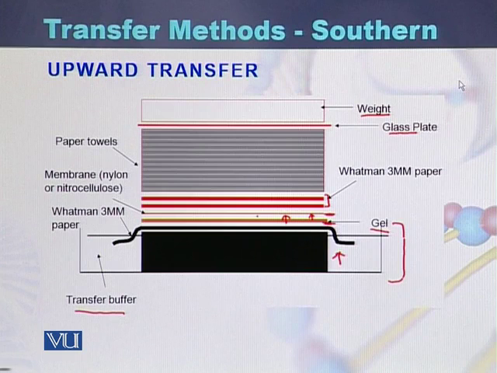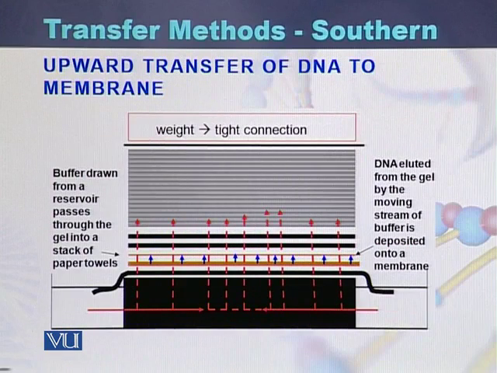This type of transfer of DNA is called upward transfer, because the DNA bands present in the gel will transfer to the membrane. Here we can see upward transfer of DNA to the membrane. The buffer will move upward.